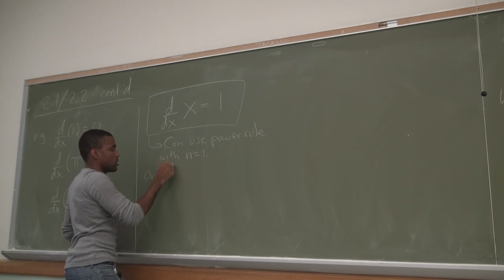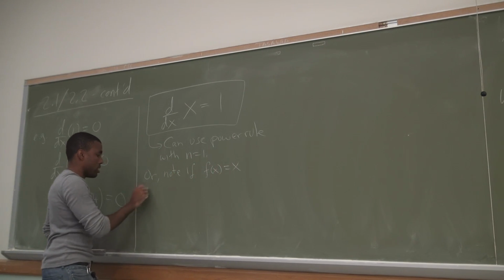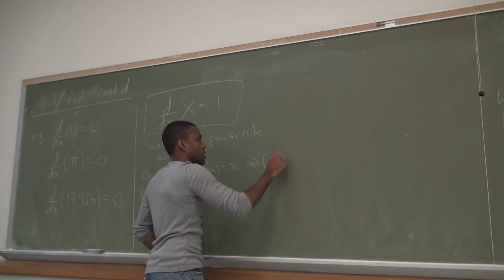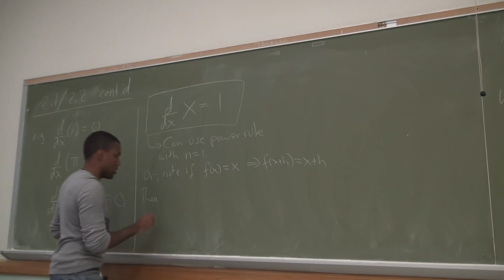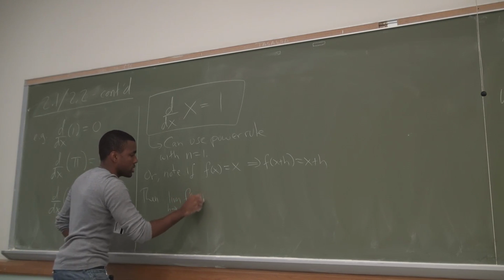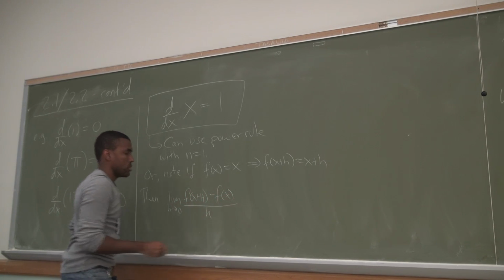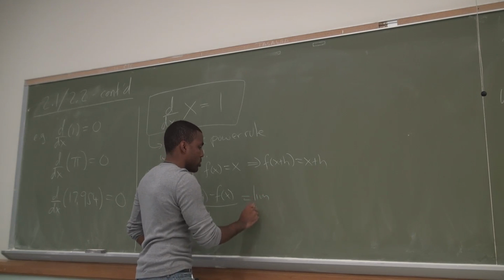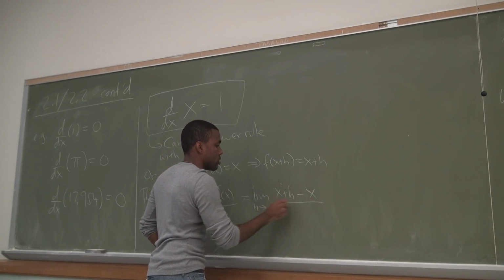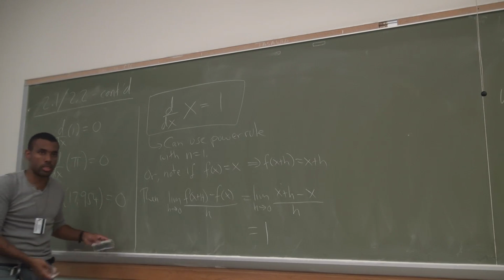Or note if f of x equals x, then the limit as h approaches 0 of f of x plus h minus f of x all over h is just the limit as h approaches 0 of x plus h minus x over h, which is clear. So the limits will always be consistent with the rules that we apply.